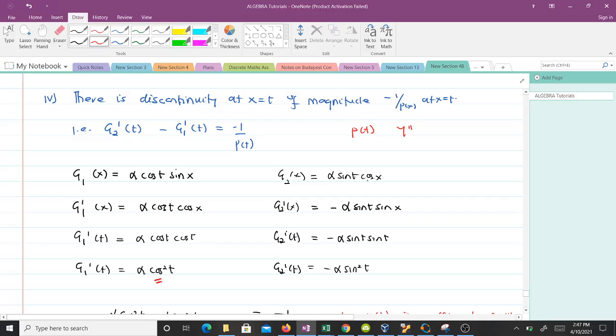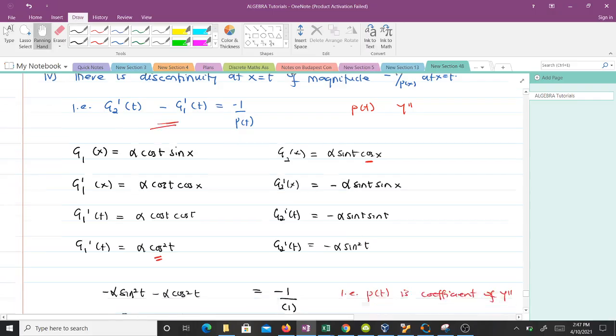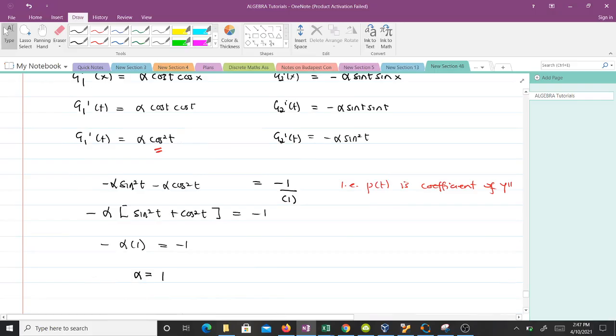When we differentiate with respect to x, when we differentiate cos, we get negative sine. So we get negative alpha sine t sin x. Then at x equals t, we get negative alpha sine squared t. Then we put it inside this relation. So we will get minus alpha sine squared t minus alpha cos squared t equals negative 1 over p of t.